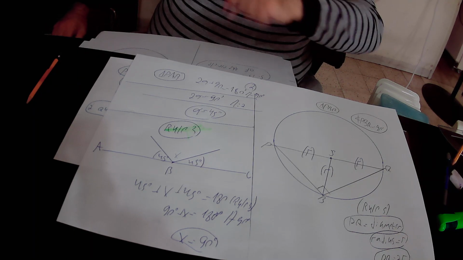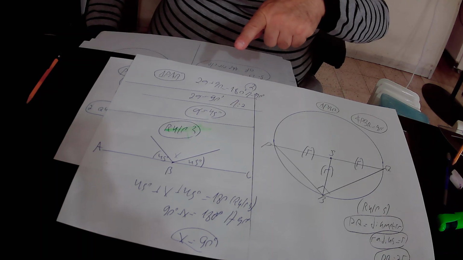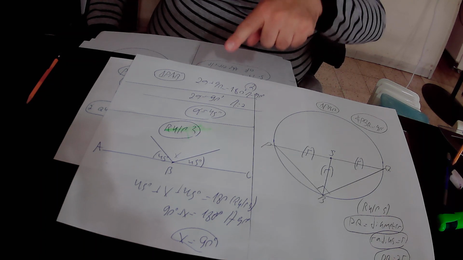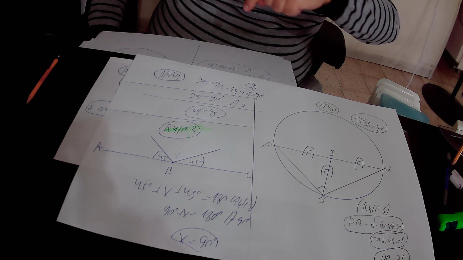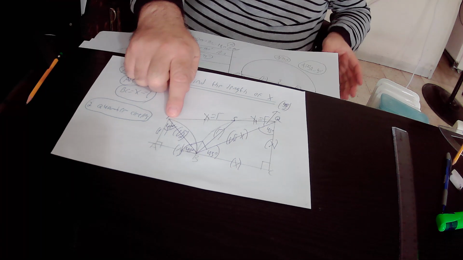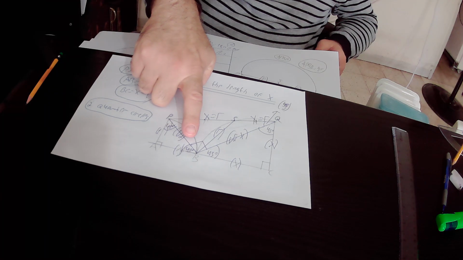We subtracted 90 degrees from the equation and found that 2 alpha equals 180 degrees minus 90 degrees, that is 90 degrees. Here we divided this equation by 2 and found that alpha equals 90 degrees over 2, that is 45 degrees. So this is the angle alpha that is equal to 45 degrees, and this is also angle alpha that is equal to 45 degrees.